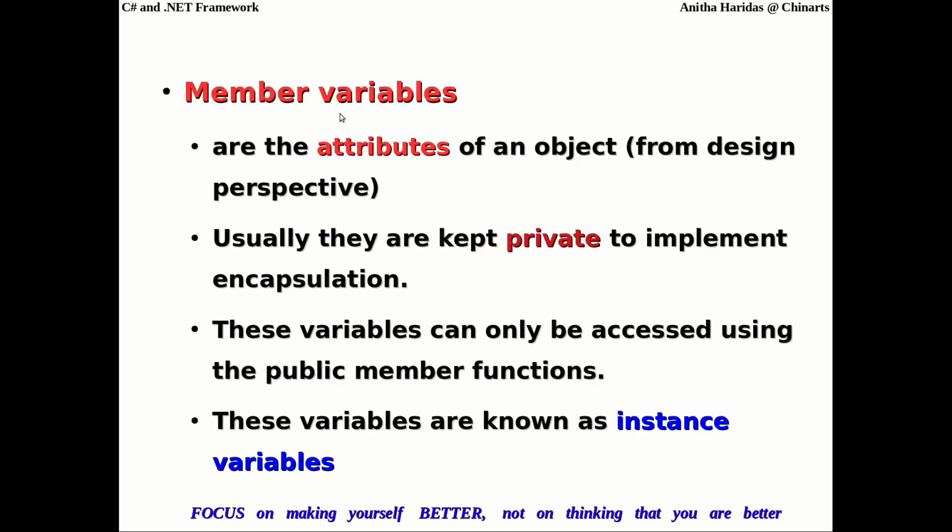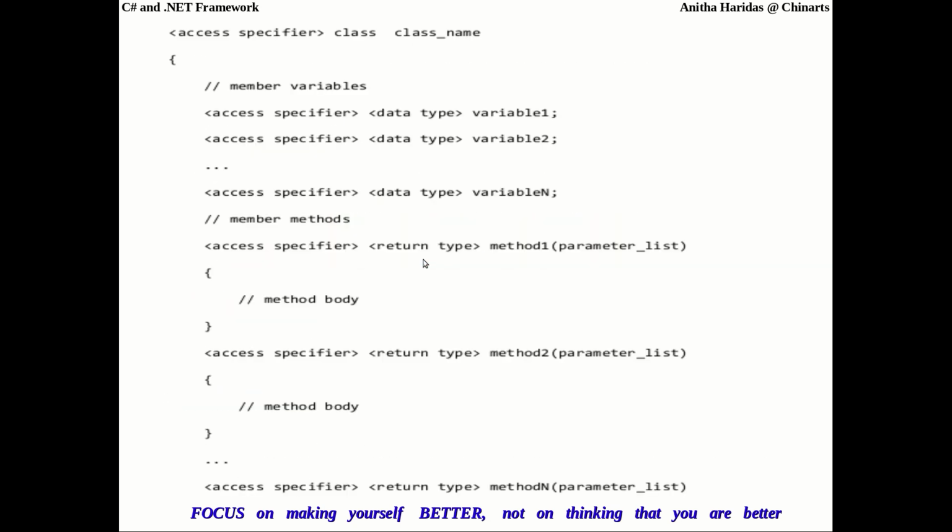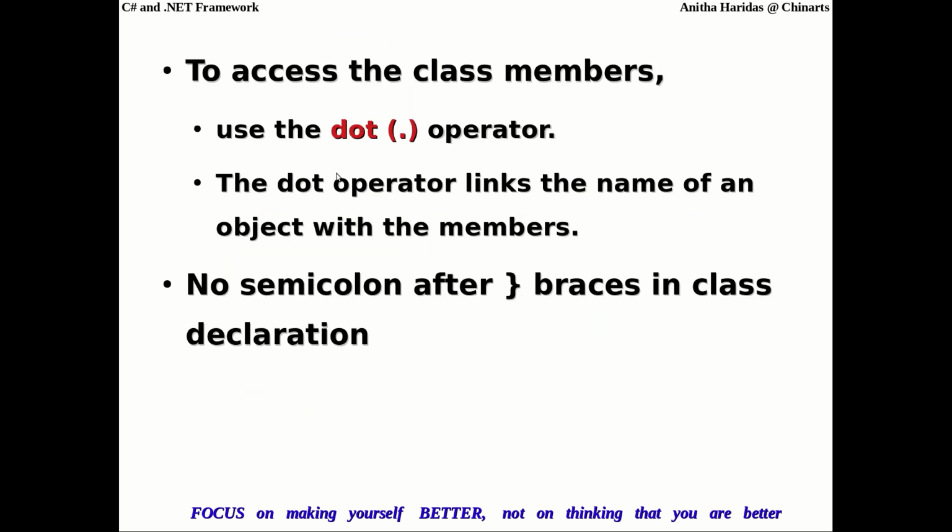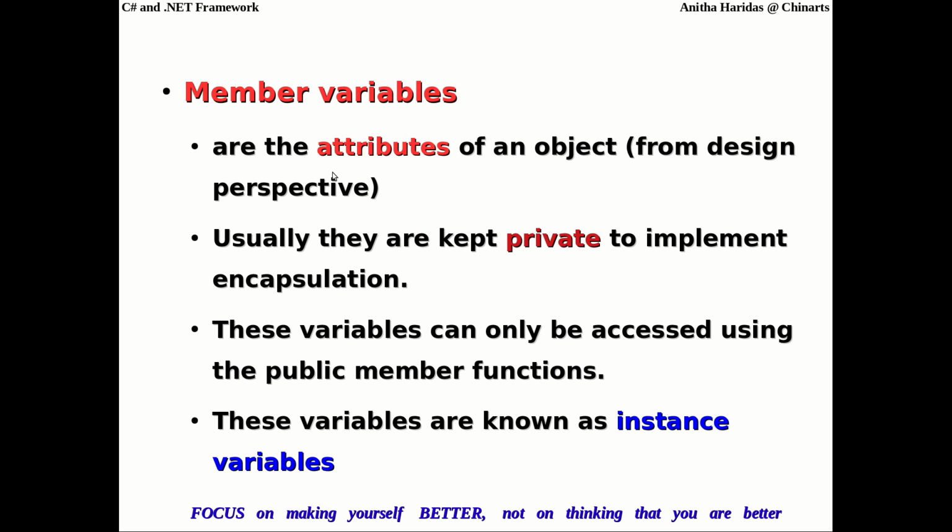Now the member variables are the ones which you declare here. This is called member variables. Let us see what is the property of a member variable. Member variables are called the attributes of an object. For example, if you take a student class, for a student, what are the attributes?